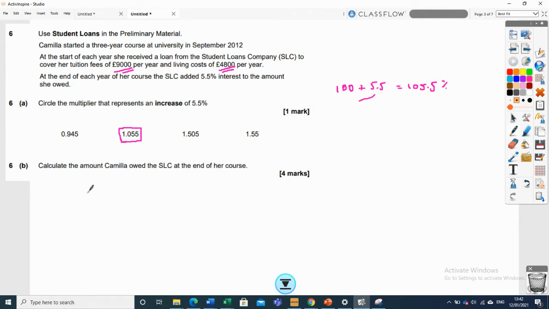Calculate the amount Camilla owed the SLC at the end of her course. So it's a 3-year course. Each year she had 9,000 plus 4,800 for each year, and we then at the end of the first year times that by 1.055.